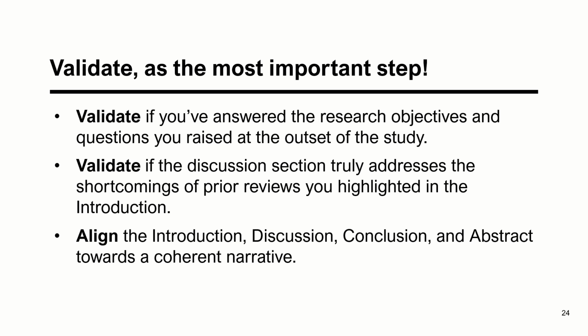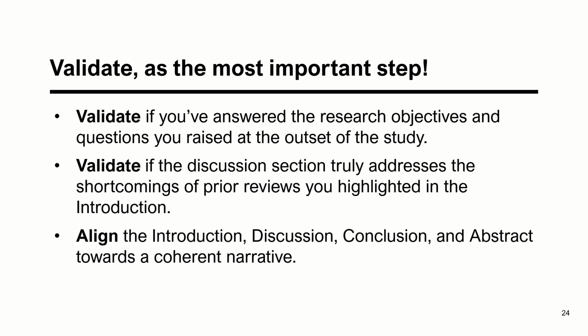Validate. I think one of the key things that is very essential is to keep going back to the research objectives all through the entire review process. Keep going back and validate whether you've addressed the research objectives and questions that were raised at the outset of the study. When you go back to the discussion, ensure that it is addressing them, because you've already called out some shortcomings of prior reviews.